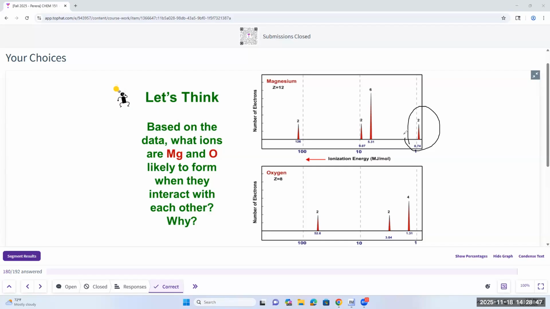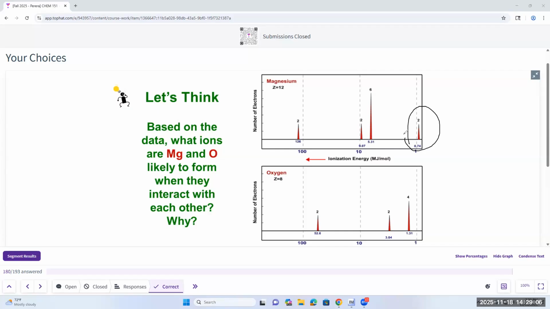What about oxygen? Kaden, why is oxygen forming -2? Let's keep the microphone, Kaden. How many valence electrons does it have? Oh, yeah, 6. Yes, 6.